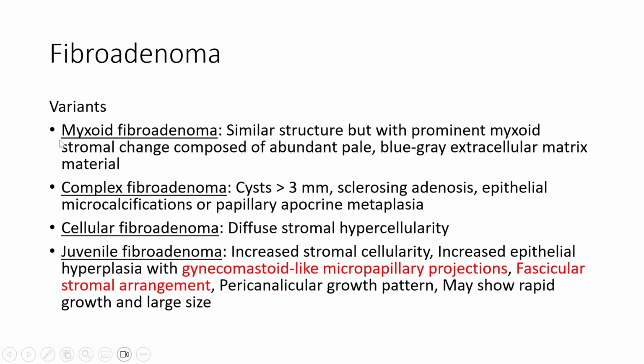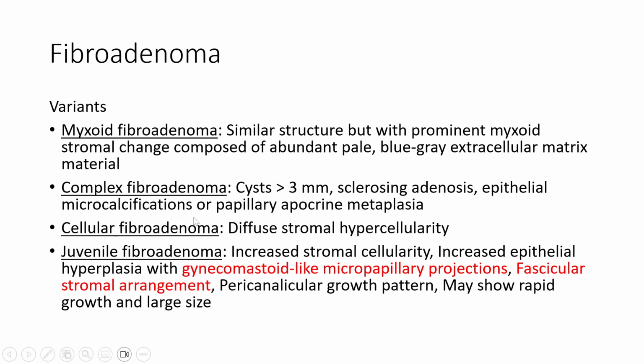There are 4 types of variants. The first one is myxoid fibroadenoma, where we just see myxoid stromal changes. In complex fibroadenoma, we need to see several benign pathologic changes, including cysts more than 3 millimeters. We can also see sclerosing adenosis, epithelial calcification, even papillary apocrine metaplasia.